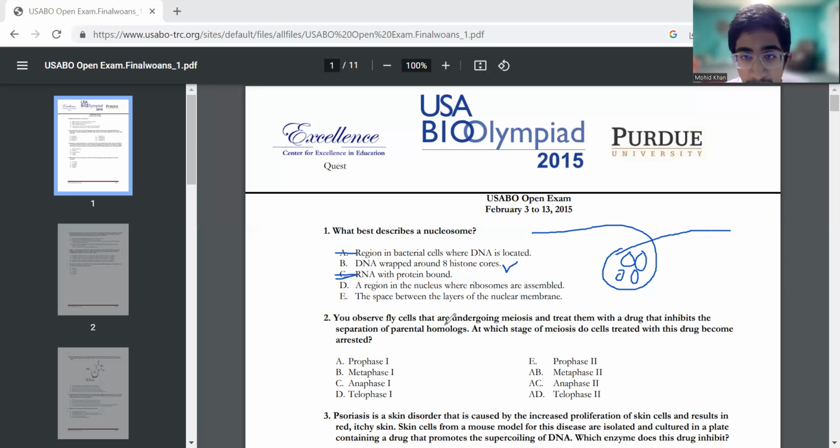A region in the nucleus where ribosomes are assembled. Nope, that isn't correct either. That is the nucleolus. And then the space between the layers of the nuclear membrane. No. So clearly the answer is B. That's the one that is remotely close to what I said. So B would be the answer.